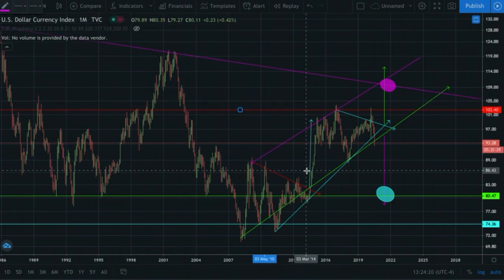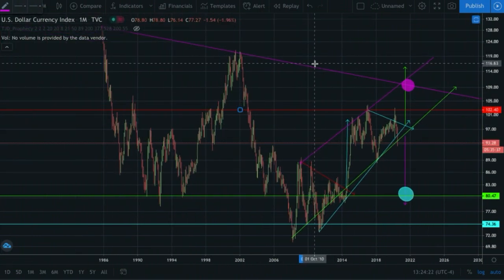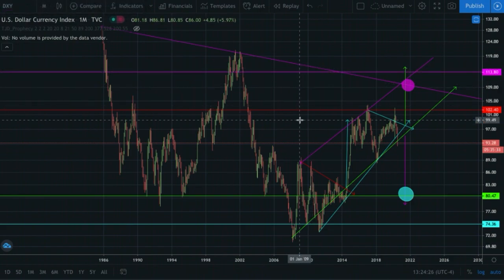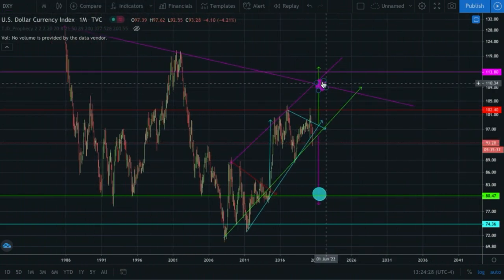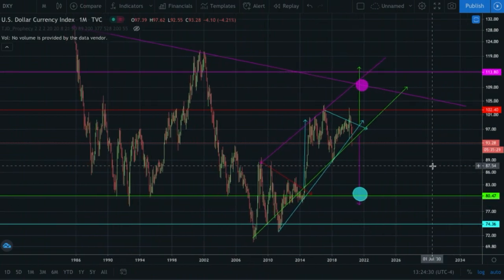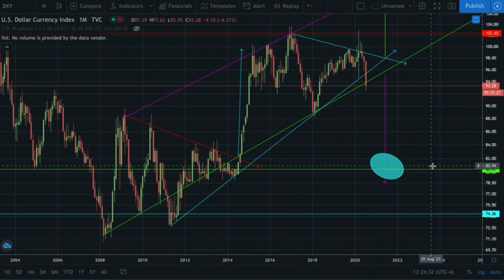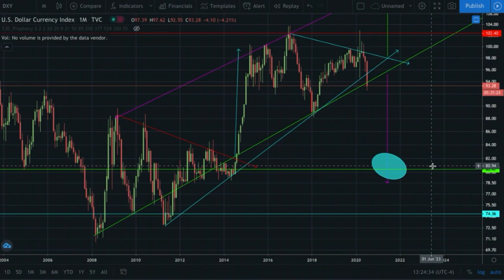And if we're going to put a second one, we're going to want to put it probably somewhere up in this range right there. So yeah, that's going to correspond with the tops and everything. That's going to give us the basic breakdown of the DXY dollar index.